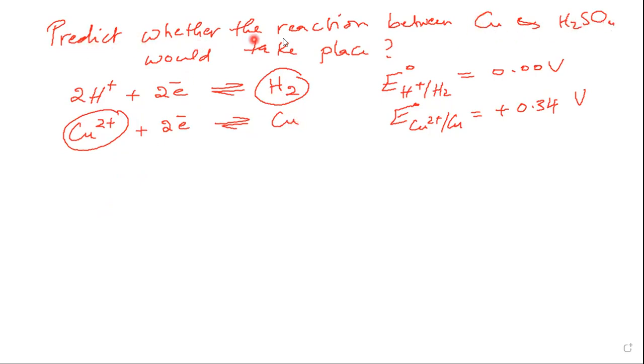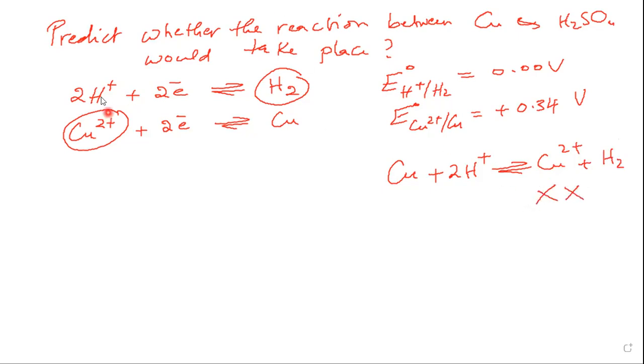When they said predict whether this reaction between copper and sulfuric acid takes place, we say no. They wanted us to find out whether copper metal would react with hydrogen ions to form copper ions plus hydrogen gas. No, this reaction will not take place. Why?